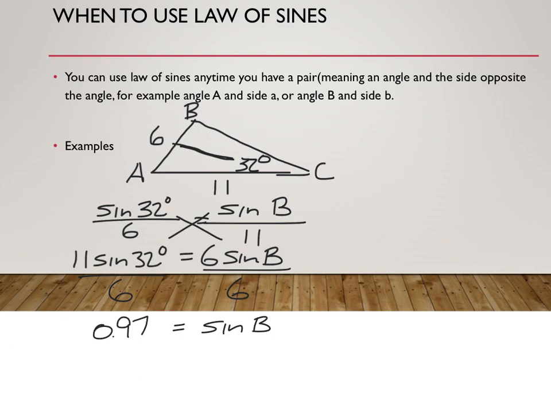But again, I'm finding an angle measure. Now remember, finding an angle you would use inverse sine of 0.9715. And I would get angle B here to be 76.3 degrees.